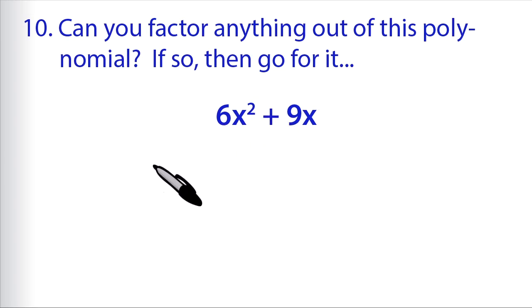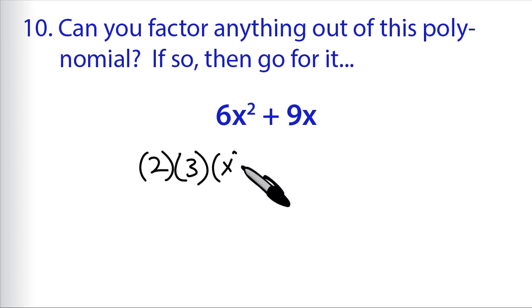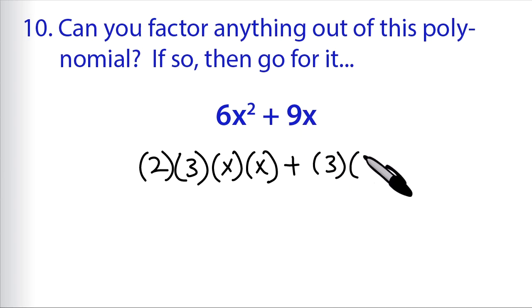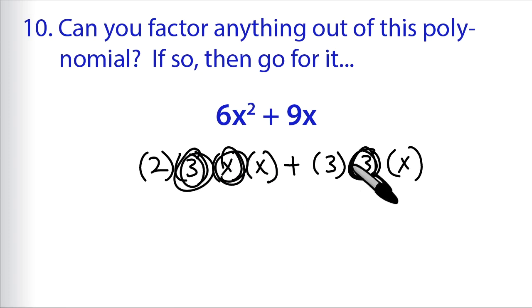6x squared can be written as 2 times 3 times x times x. And we're going to add it to this term, and the prime factorization of 9x is 3 times 3 times x. Then we see if we have any factors in common. And both of these terms have a factor of 3 and a factor of x.